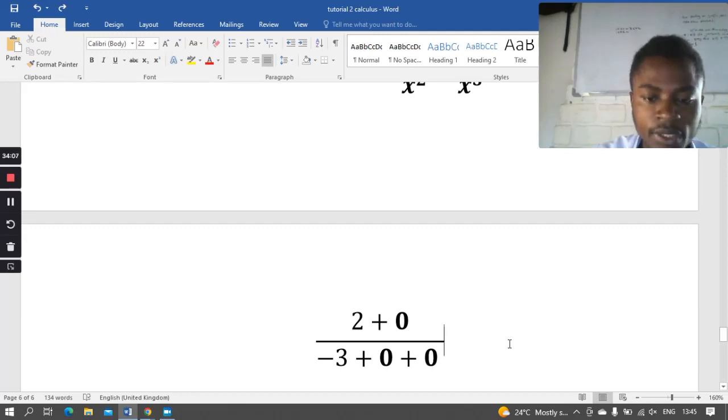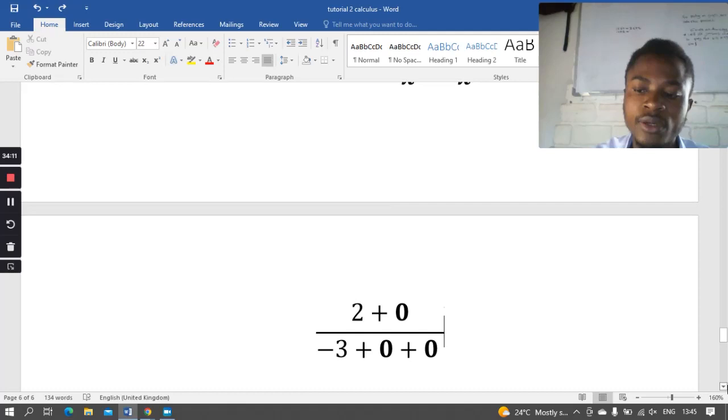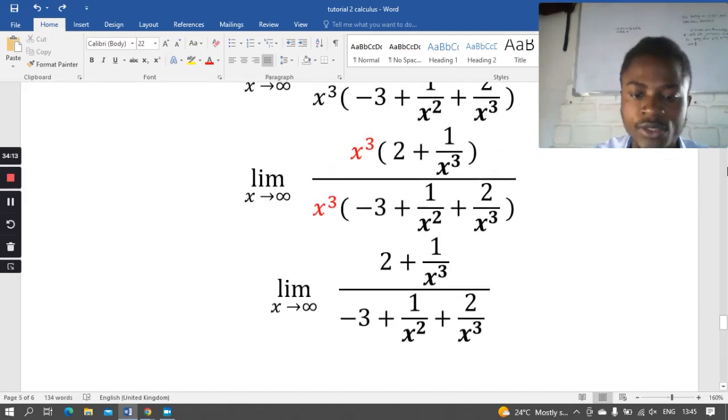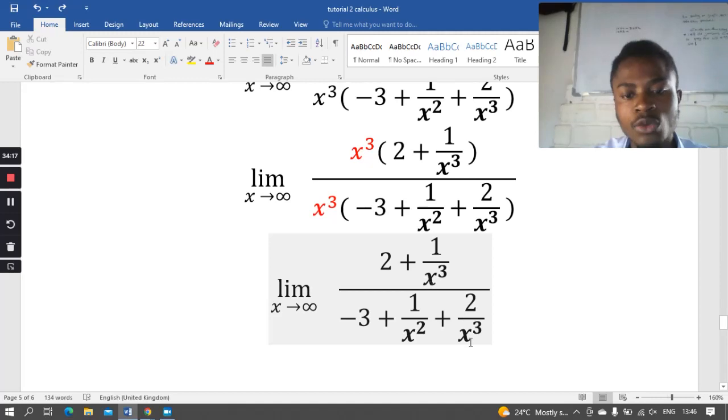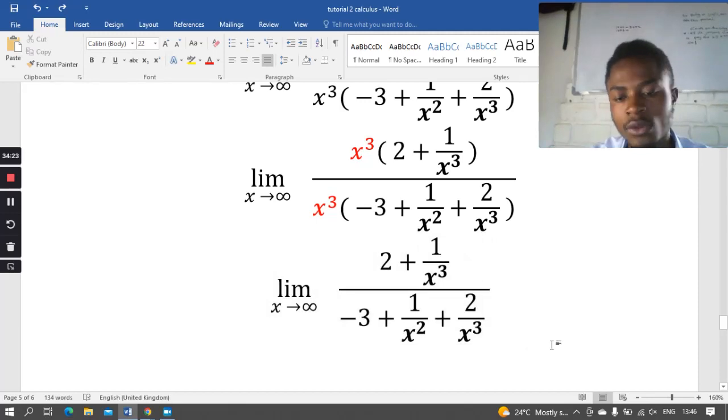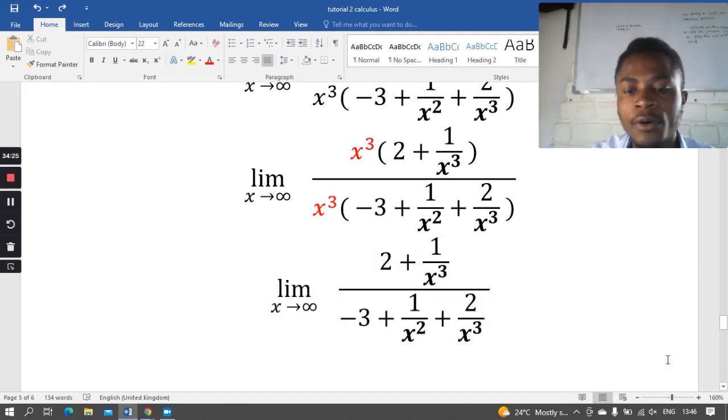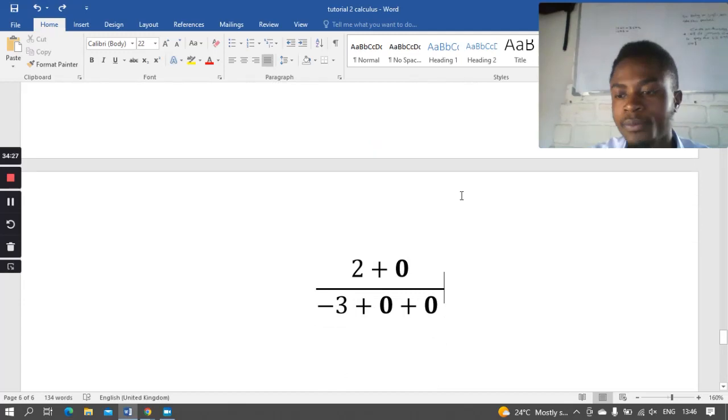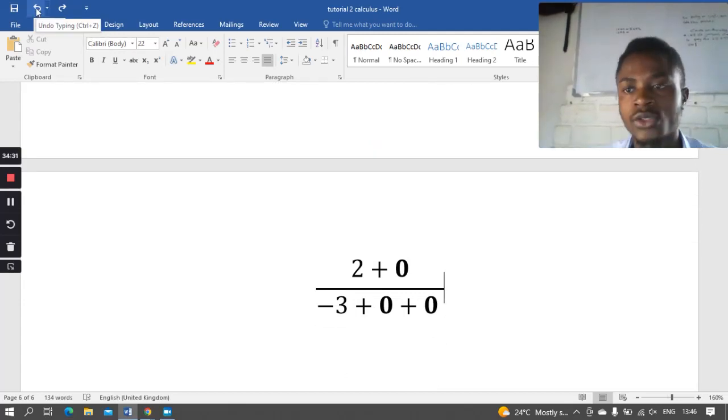I'm going to have 2 plus 0 over negative 3 plus 0 plus 0. As I've said, once you plug in zeros or a number there, you need to make sure that this lim symbol disappears. Okay, so that's all well and good on my side. I don't know about your side.